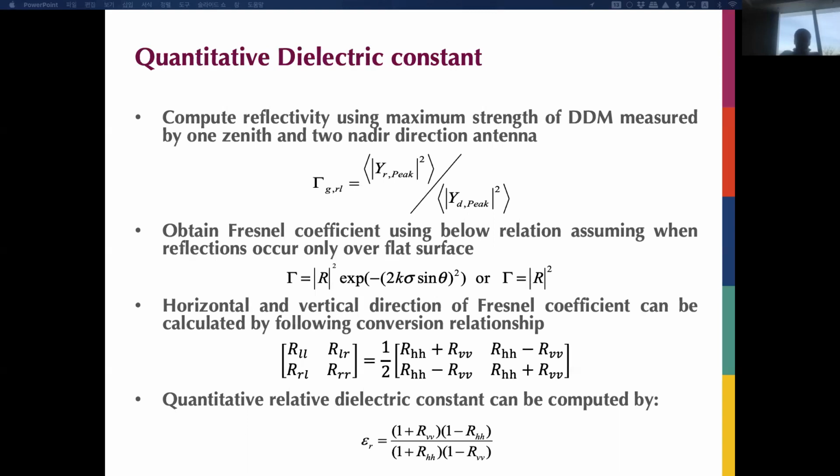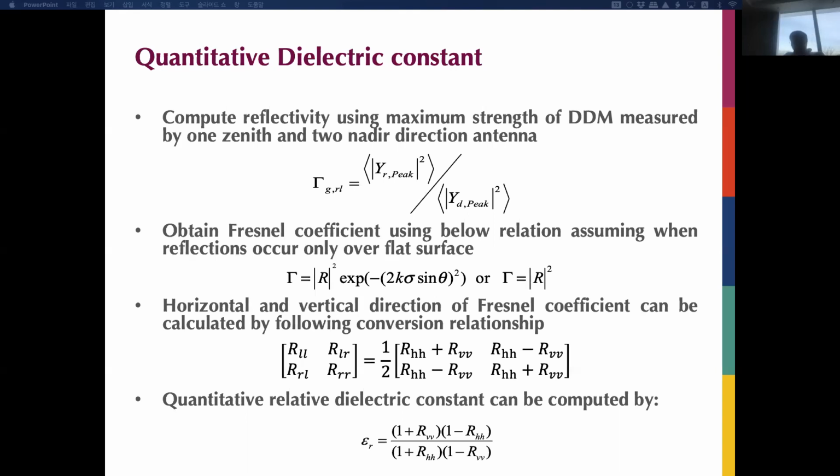We use several methods to transfer the polarization and get the linear Fresnel coefficient and then the electromagnetic field. After some calculation, we propose the quantitative relative dielectric constant, as you can see at the bottom of this slide. It means that using the reflectivity from the GNSS reflectometer receiver, we can calculate the dielectric constant.